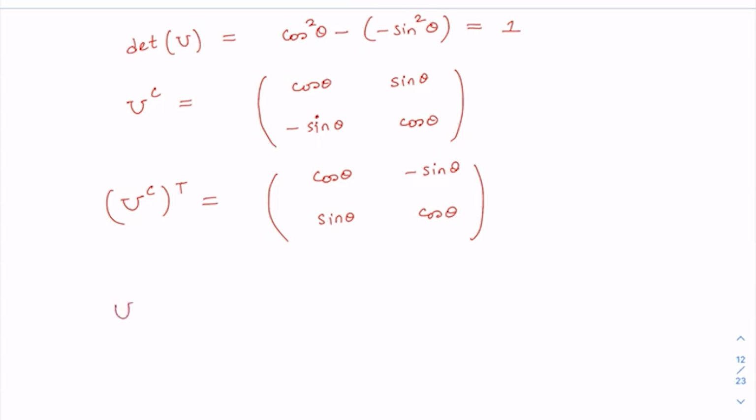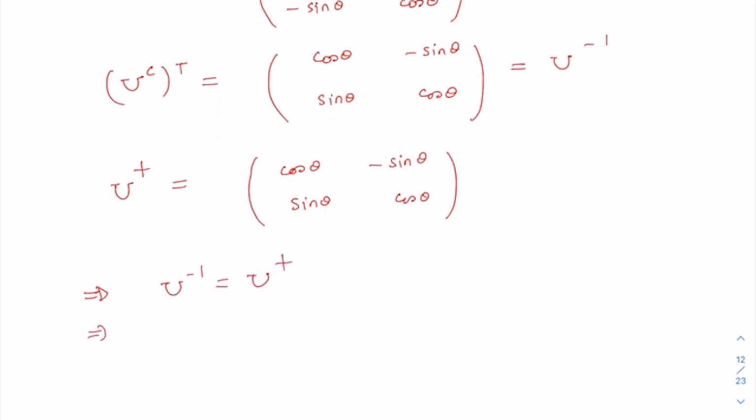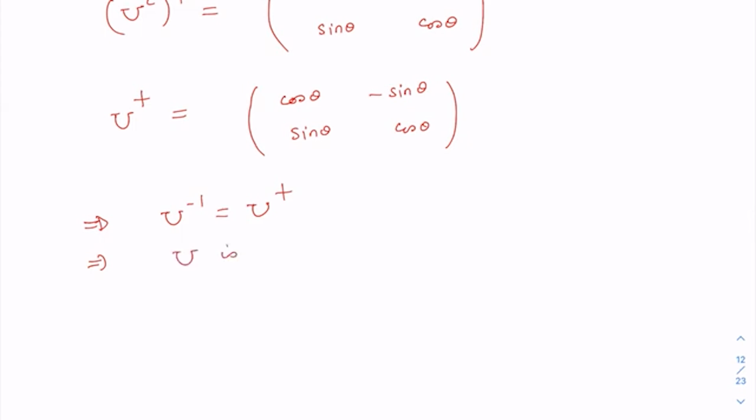What about U dagger? You take the Hermitian conjugate and then you just take the transpose. So this would be simply cos theta, minus sine theta, cos theta. So as you can see, this implies that U inverse is equal to U dagger, which clearly shows that U is unitary.